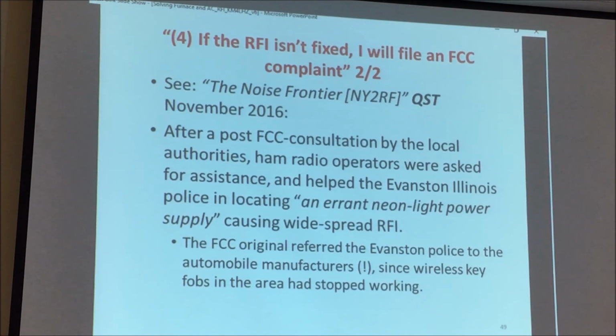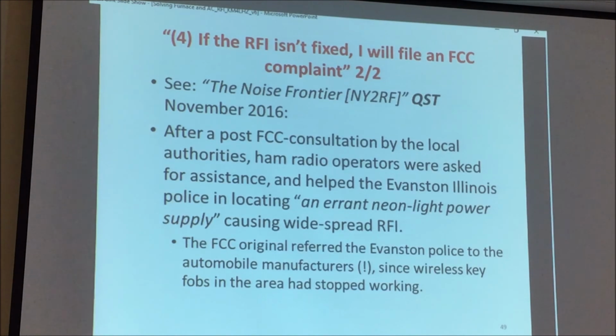When a whole bunch of people can't get in their garage door. The FCC took it seriously and they said, hey, that sounds like a key fob problem. And they referred the complainants to the Automobile Manufacturers Association, which seems a little bit off point, but I guess they were thinking, well, there is a Society of Automotive Engineers. They probably know more about key fob problems than I do.